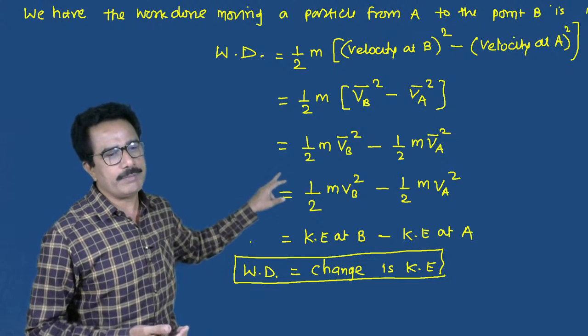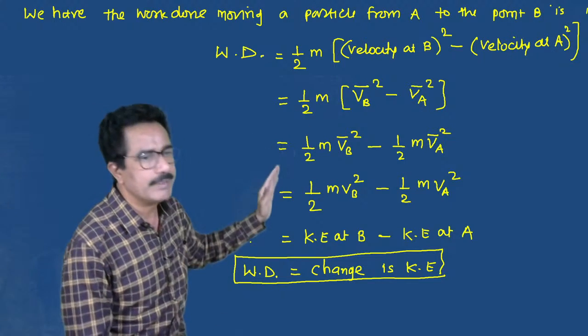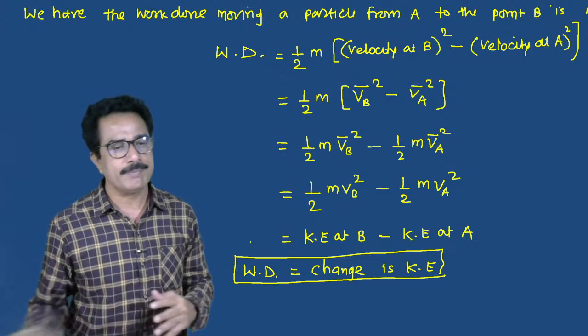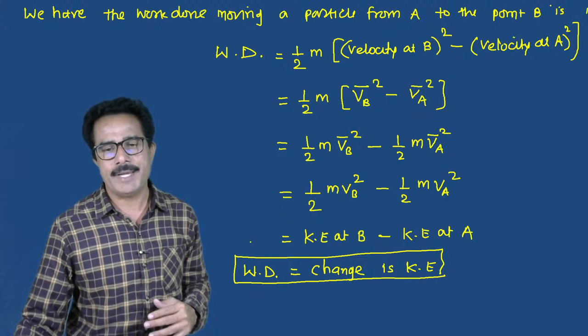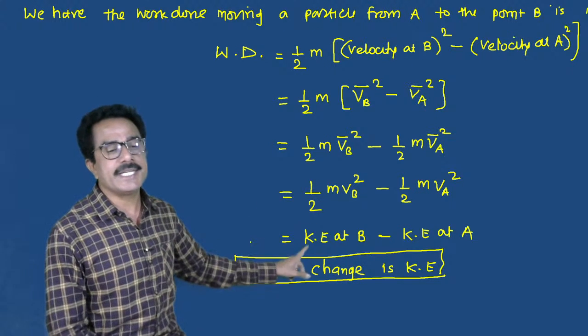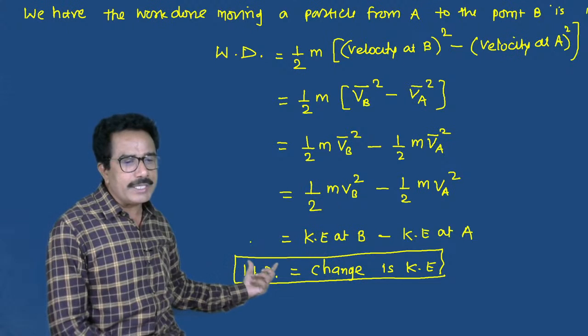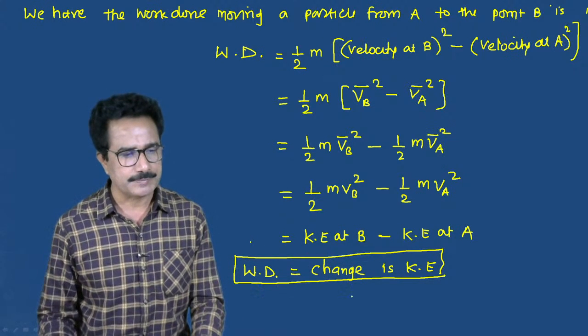So we can write 1 by 2 m VB square minus 1 by 2 m VA square. So it is 1 by 2 m (VB square minus VA square), meaning kinetic energy at point B minus kinetic energy at point A. So work done is equal to change in kinetic energy, and hence proved.